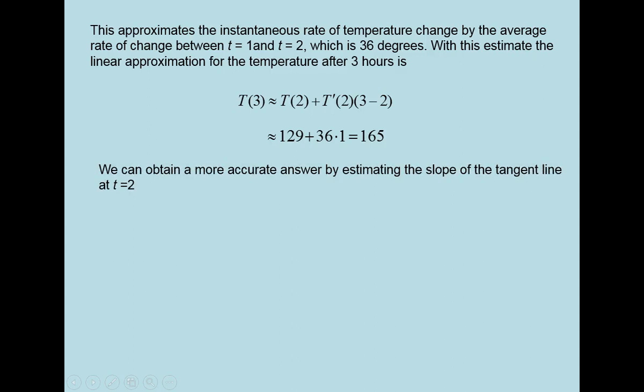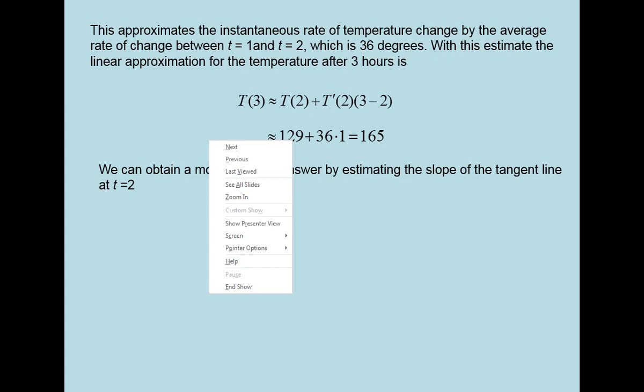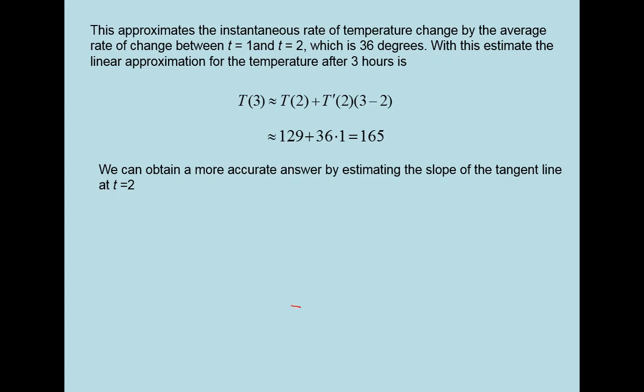Now, here we are actually just finding the actual temperature. I'm going to call it L of x. We found the slope of our tangent line was 36, and we knew that at time equals 2, we had a slope of 36.